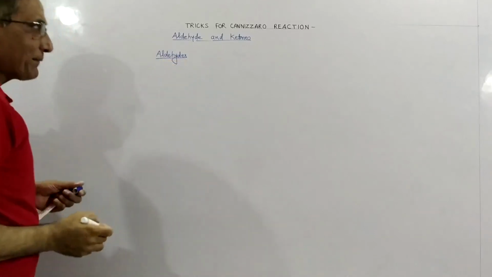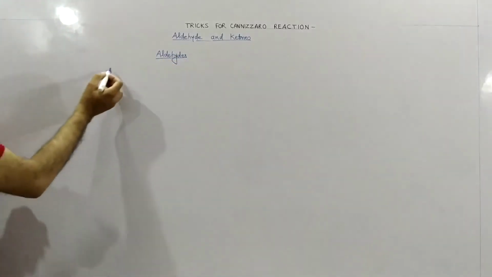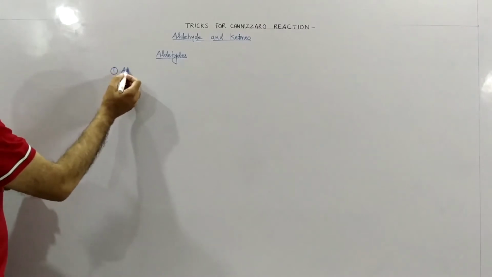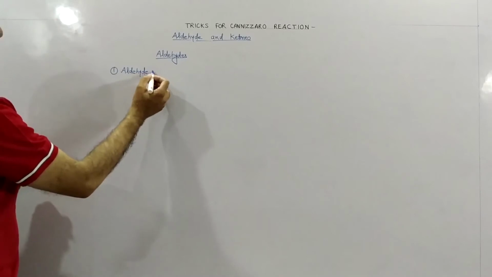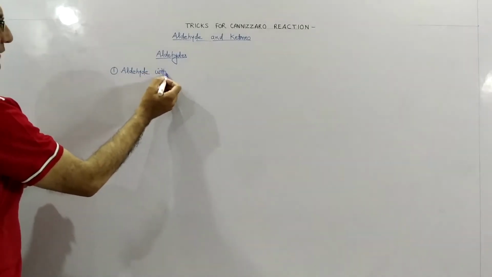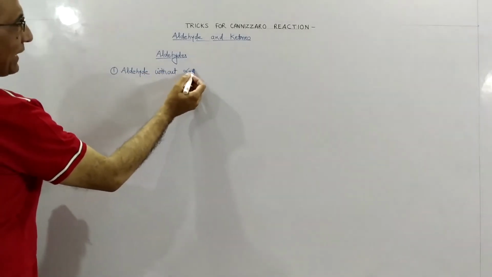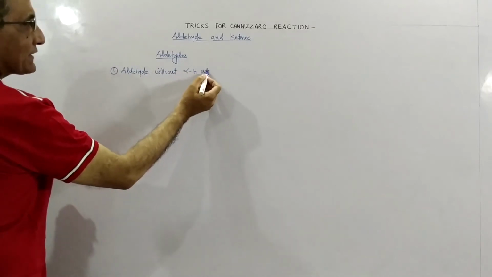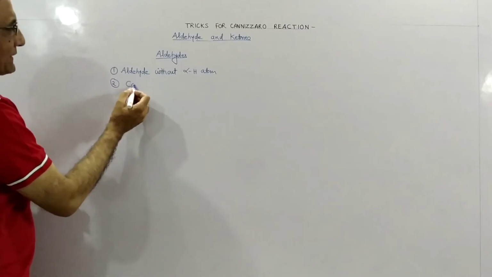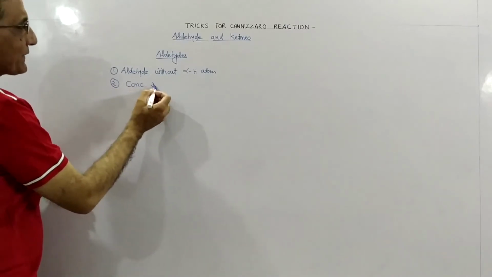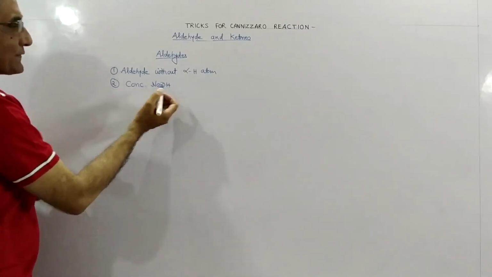So what are the requirements here, students? Number one, aldehydes without an alpha hydrogen atom. It is the first requirement. Second, this reaction takes place in the presence of concentrated alkali, like concentrated NaOH.